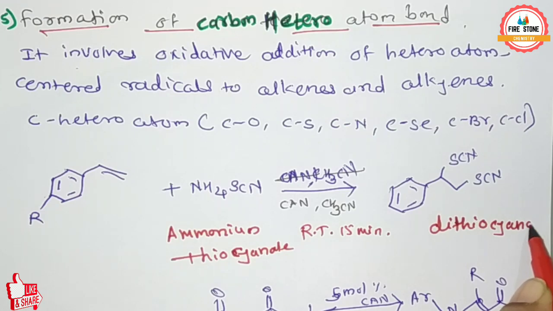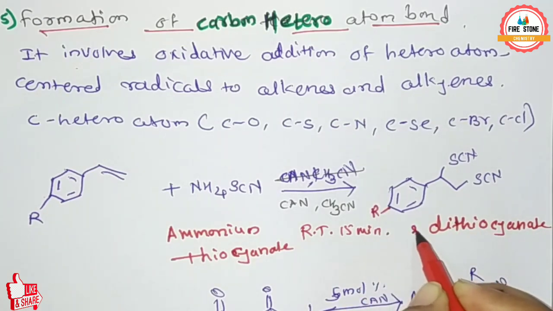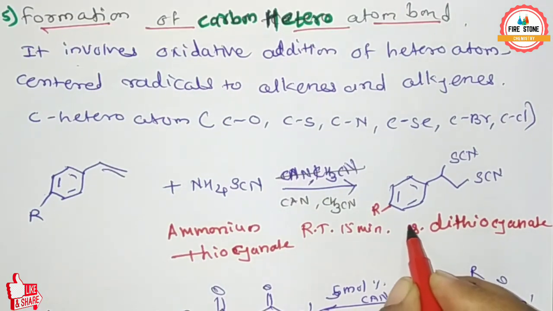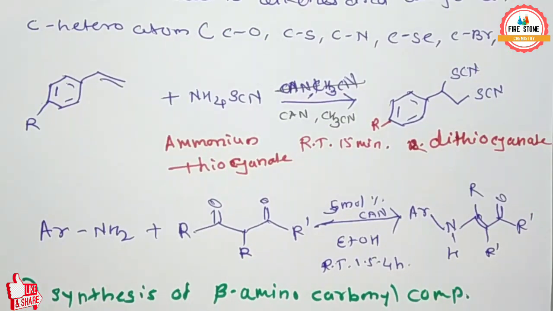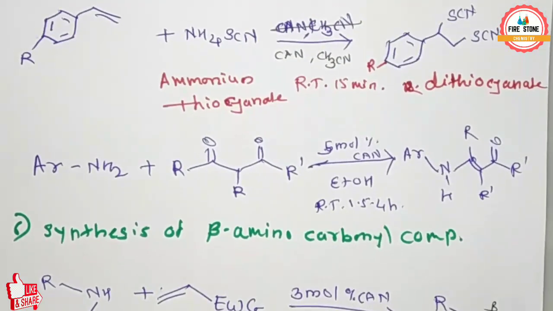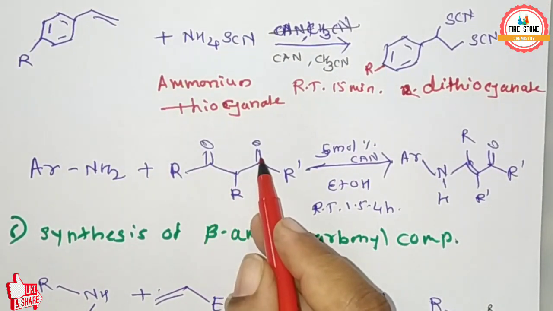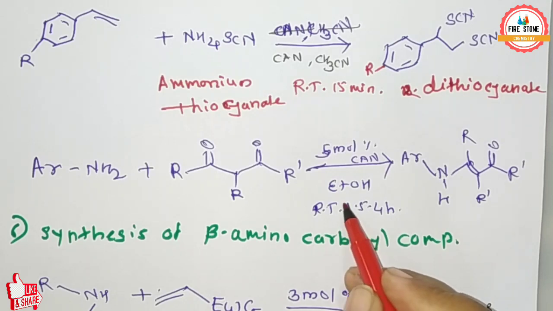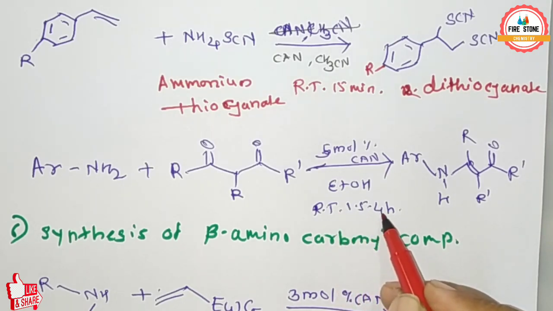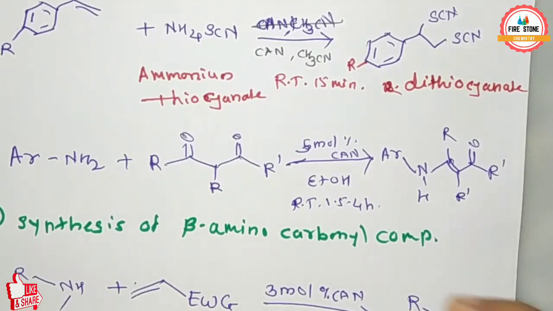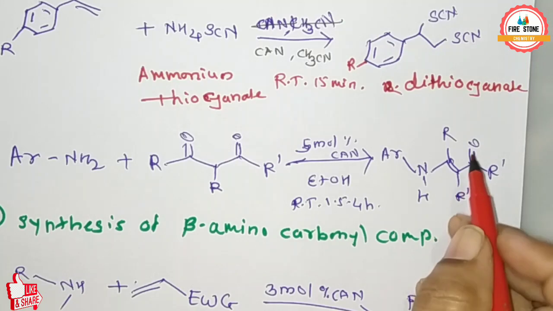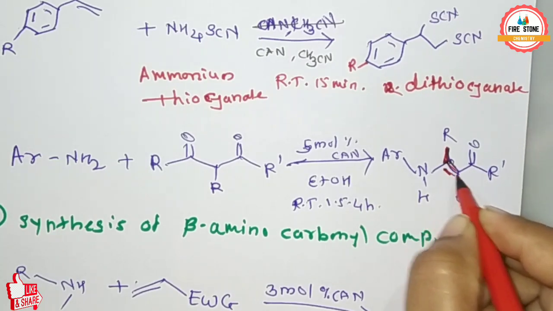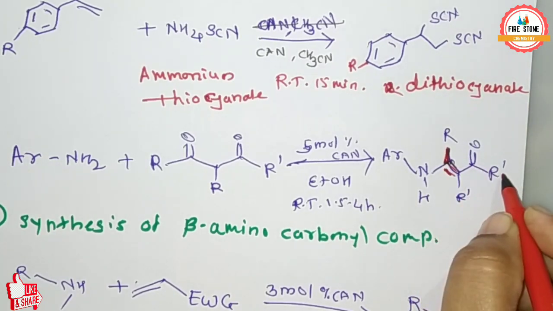Again RNH2 plus an R' carbonyl compound, with 5 mole percent CAN in EtOH at room temperature, 1.5 to 4 hours, then we get R-NH-R'.